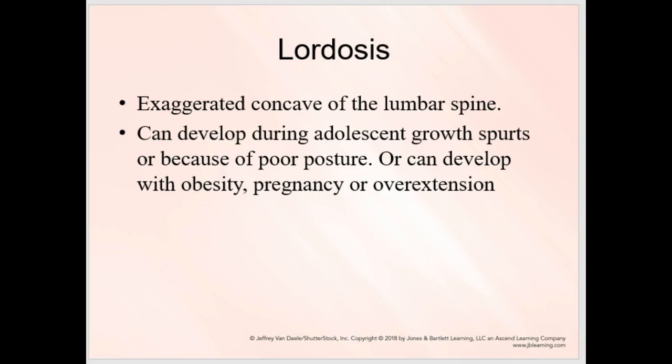So this could be in adolescence. We'll also see this with extreme truncal obesity, overextension. It would be hyperextension. I think I was saying flexion. I apologize. Hyperextension of the lumbar spine. And pregnancy. Because of the weight gain with pregnancy, it'll pull the low back forward and cause that hyperextension.